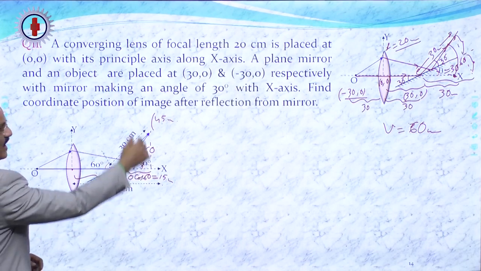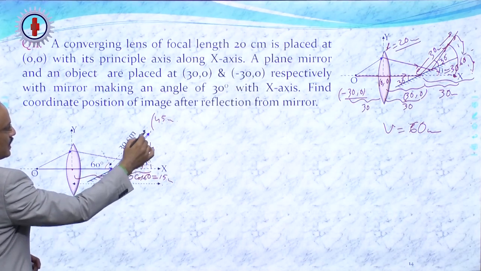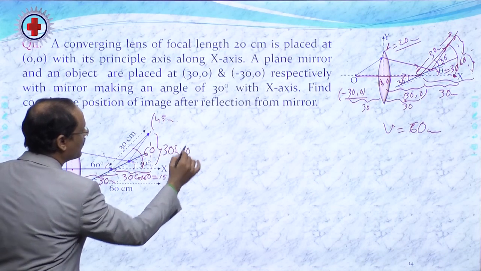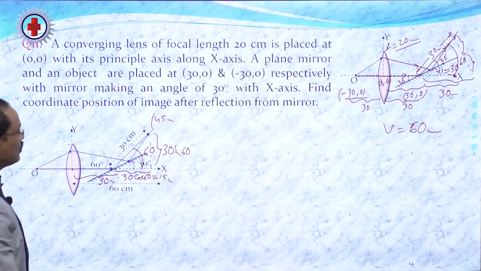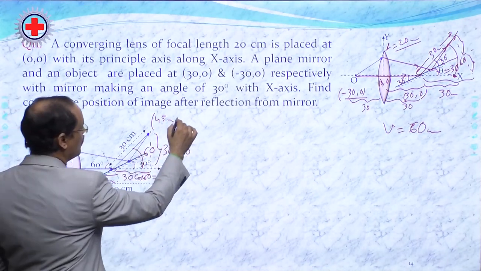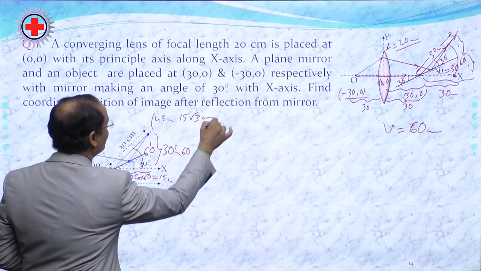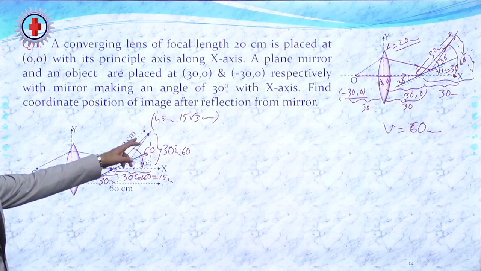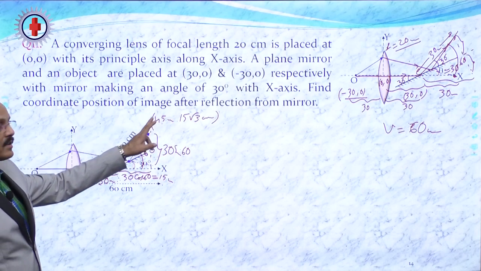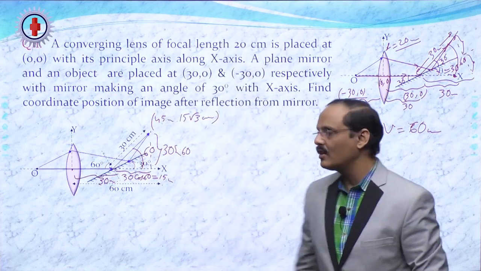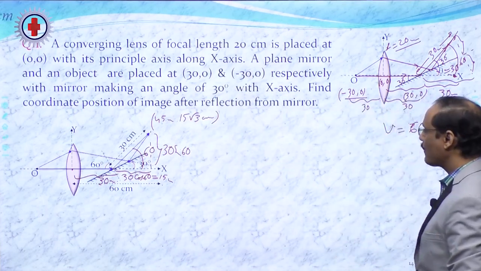The y coordinate is, this is 30 centimeter and this distance is 30 sin 60. Sin 60 is root 3 by 2, and this particular distance will come out to be 15 root 3 centimeter. So, the image position after reflection, its coordinate position, is 45 comma 15 root 3 centimeter.